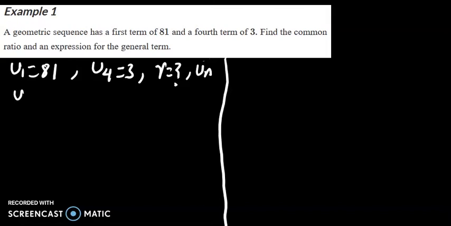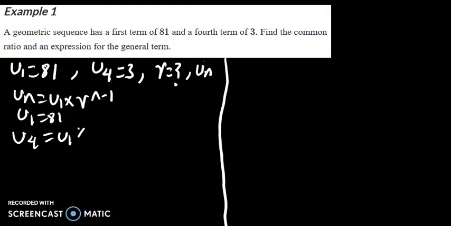The formula for un is u1 times r to the power n minus 1. For u1 we already know it's 81, and for u4 it would be u1 times r to the power 3, because 4 minus 1 is 3. u4 is given as 3, so 3 equals 81 times r cubed.